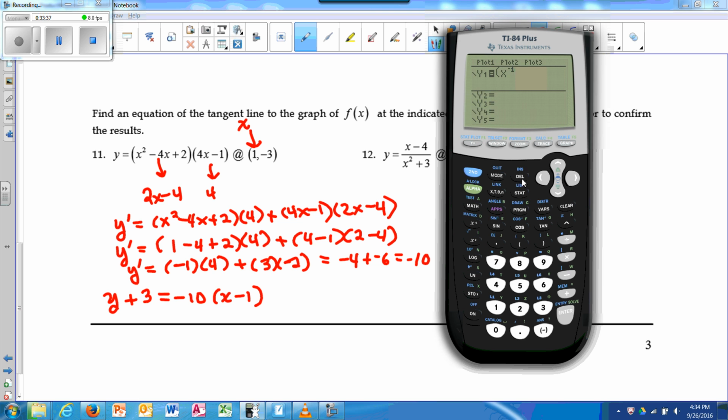Now, on your calculator, what's really nice about the calculator is if you were to put a function in, you could type it in exactly as it reads on your paper. Whoops, fix that.